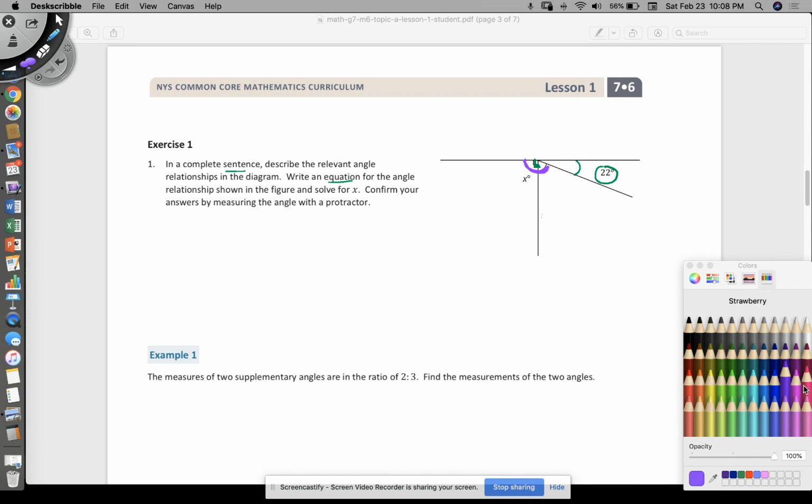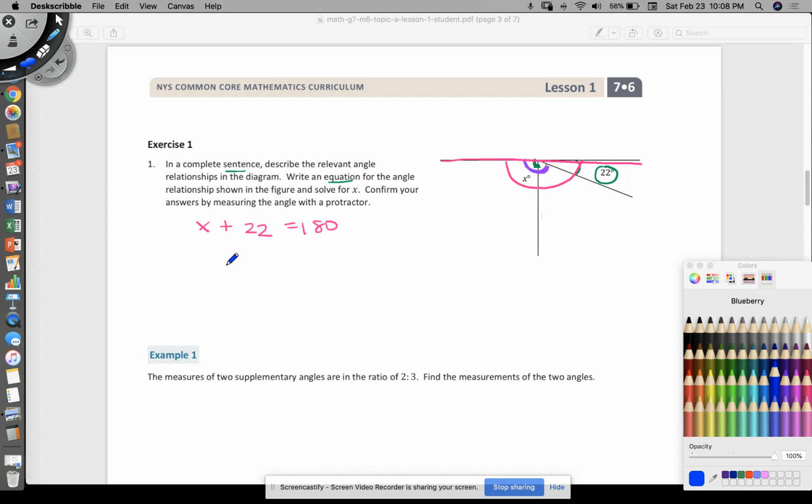So let's go ahead and start solving it out. We know that if we took x and I added it to the 22. So what I'm going to do here is x plus that 22. What did I just form? I formed 180 degrees. So I'm going to set that equal to 180 degrees. Now let's go ahead and solve. I want to find out what x is, so I need to move that 22.